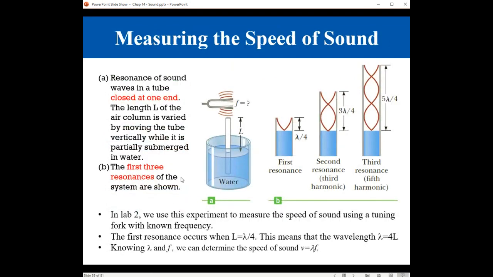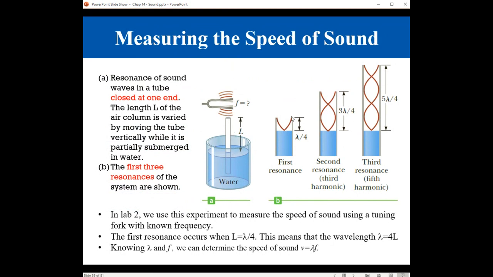The speed of sound experiment, which you were supposed to do in lab 2, makes use of the resonance of sound waves in a tube. It is closed at one end with water. So here you have this situation, the sound waves from the tuning fork going through the tube.